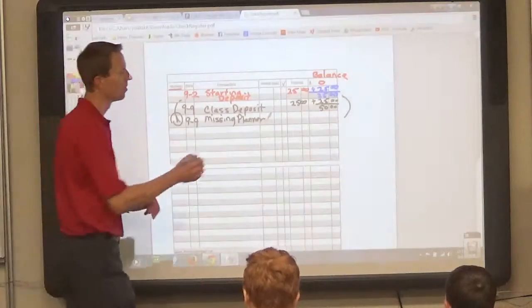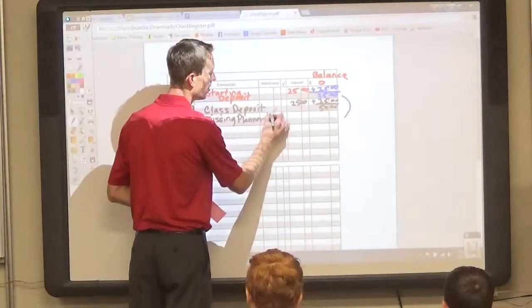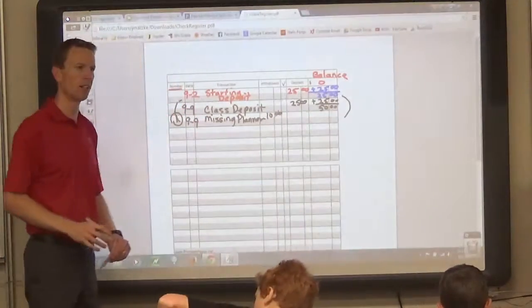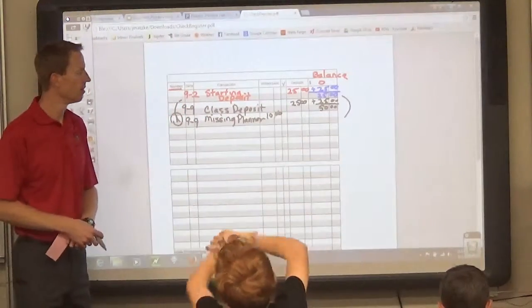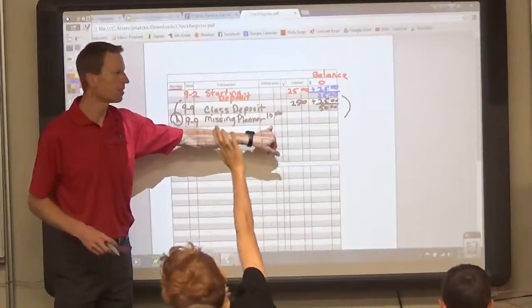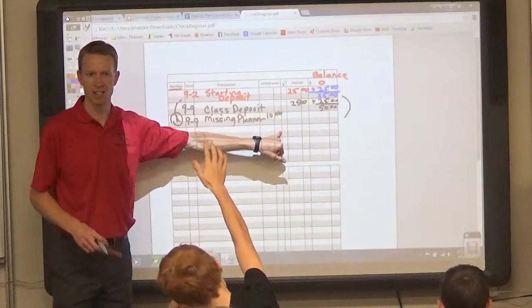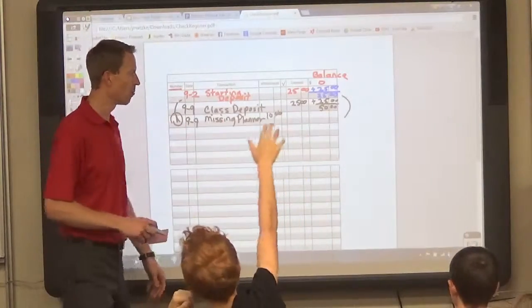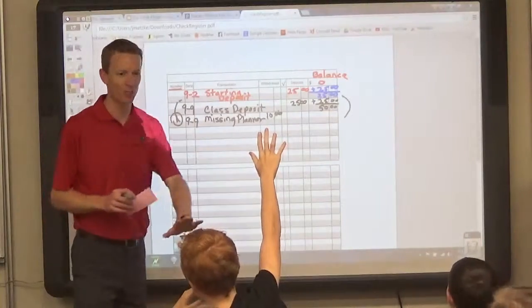This is a withdrawal. How much? $10. So that goes in the withdrawal column, $10. The big spaces for the dollars, the small spaces for the cents. We don't have any cents in our money system. We just go by the whole dollars. Okay? Just wait.